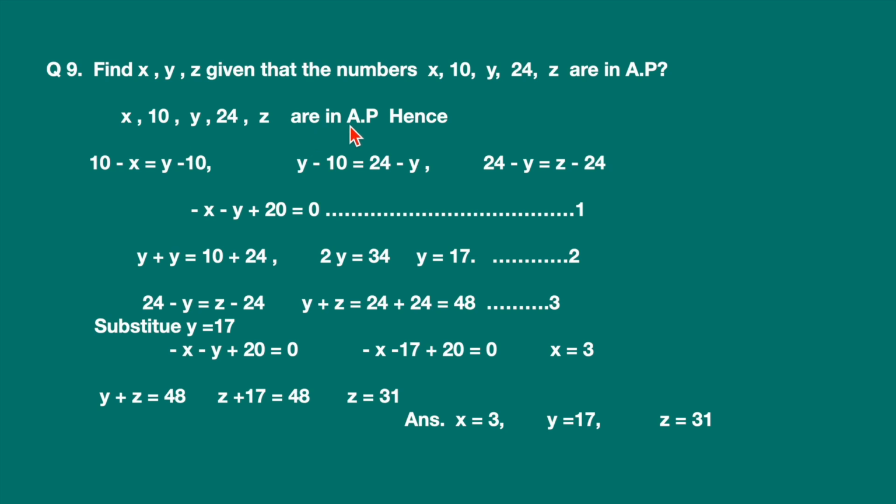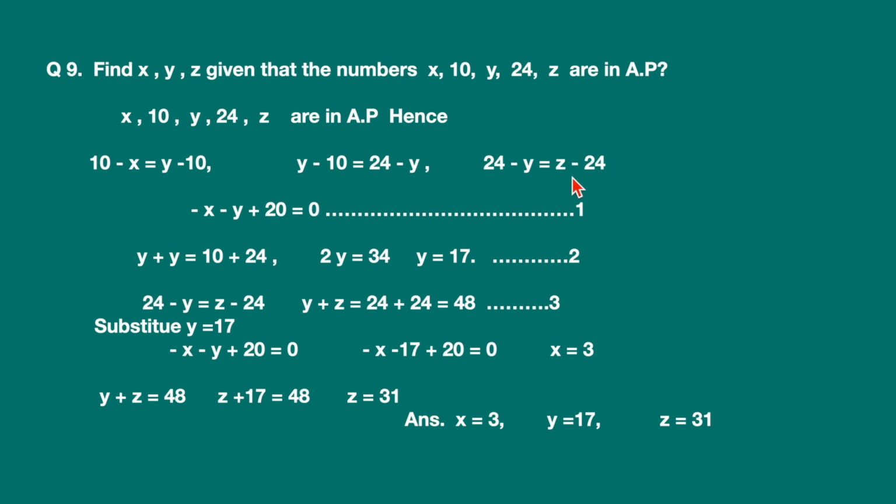Okay, since they are in arithmetic progression, I can say that 10 minus x is equal to y minus 10, which is the common difference, D. We call it D. Okay, 10 minus x is equal to y minus 10. Okay, similarly, I can say y minus 10 is equal to 24 minus y. I can also say 24 minus y is equal to z minus 24.